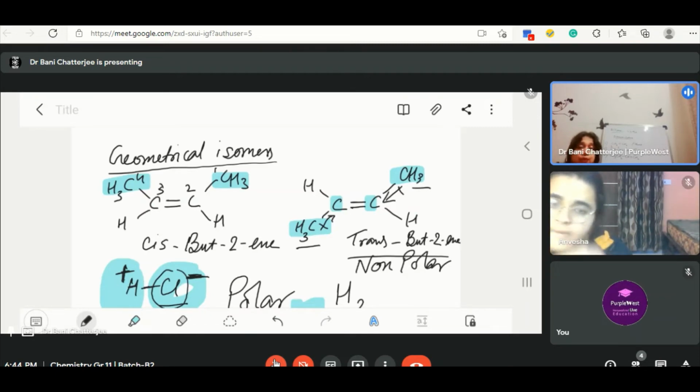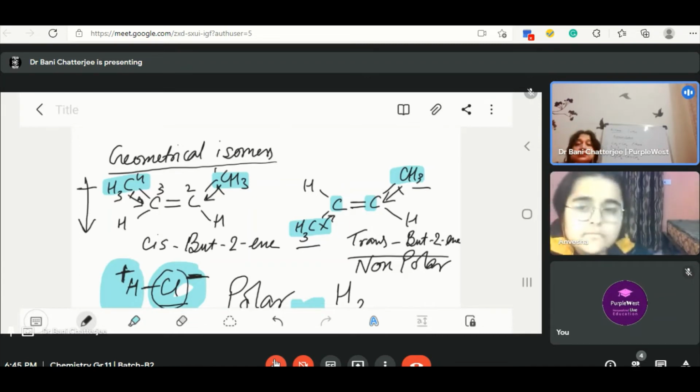Here, this CH3 is giving electron and this CH3 is also giving electron, so their polarity is not getting cancelled. It is coming in one direction only, downward. The total polarity, if I mark it, is in this way, in the downward side.